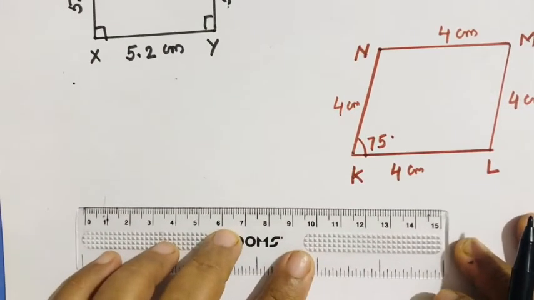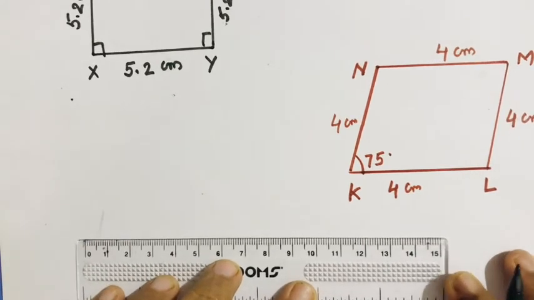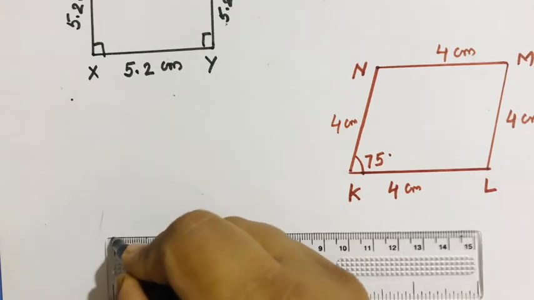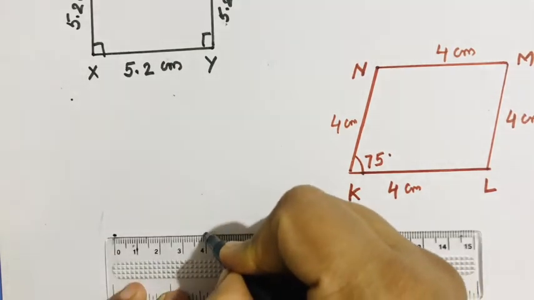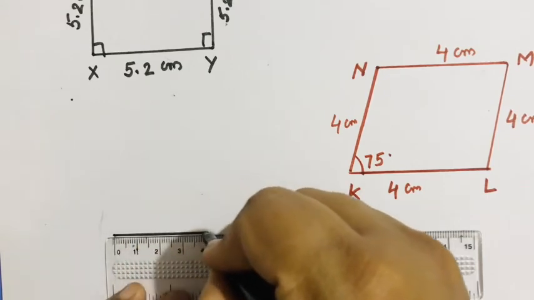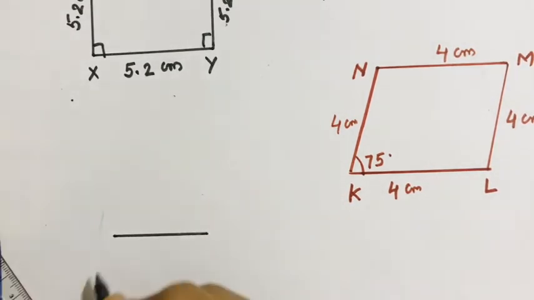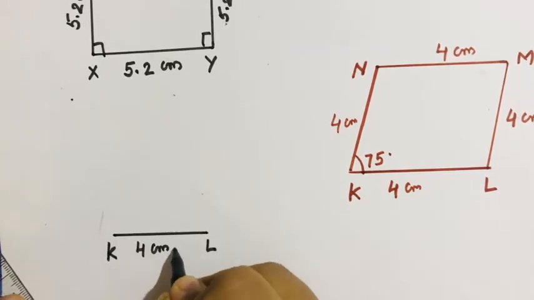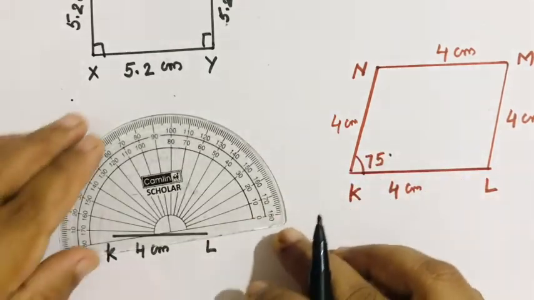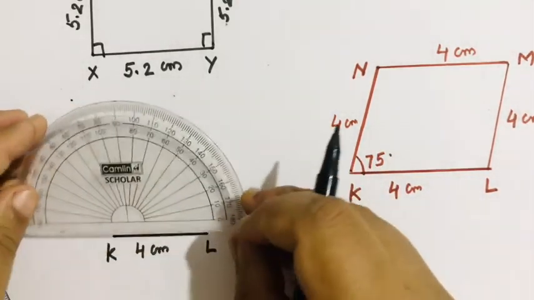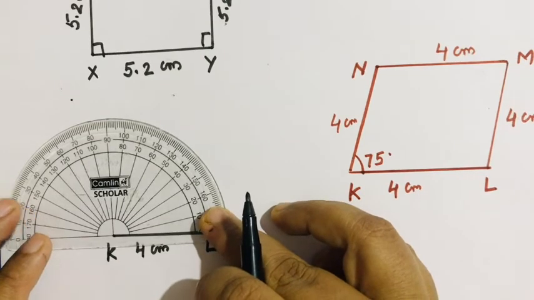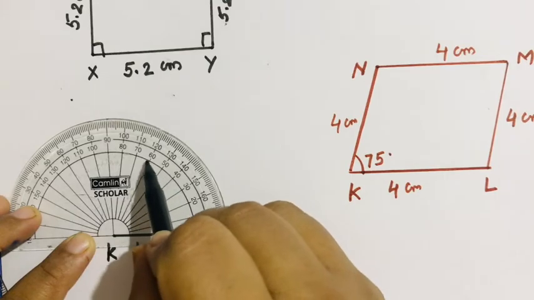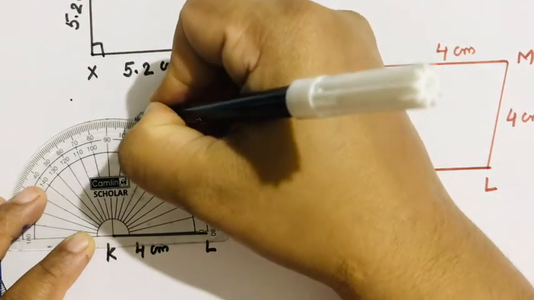First of all, you have to draw distance KL of 4 centimeters. Draw angle K 75 degrees. This is 0, 30, 60, 70. After 70, fifth point.